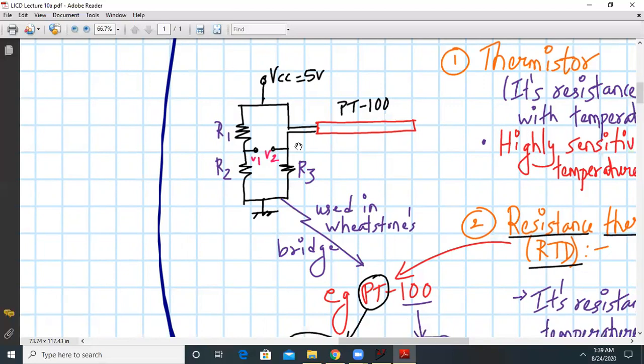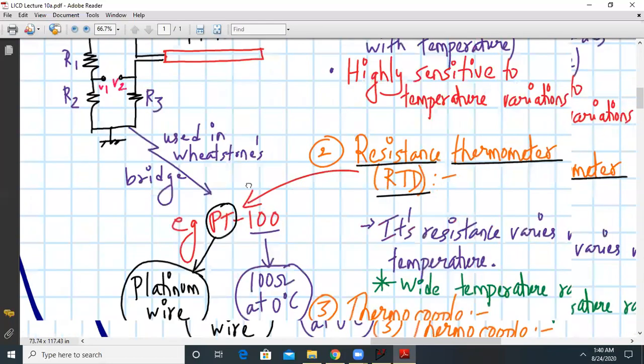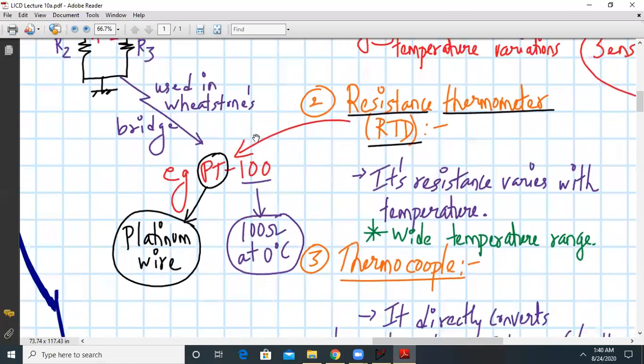For example, if the PT100 gives 127 ohms at room temperature, you select all the resistances as 127 ohms. Whenever there is a deviation in the PT100, that temperature change will be reflected in the change in resistance. So this is normally used in the Wheatstone bridge.